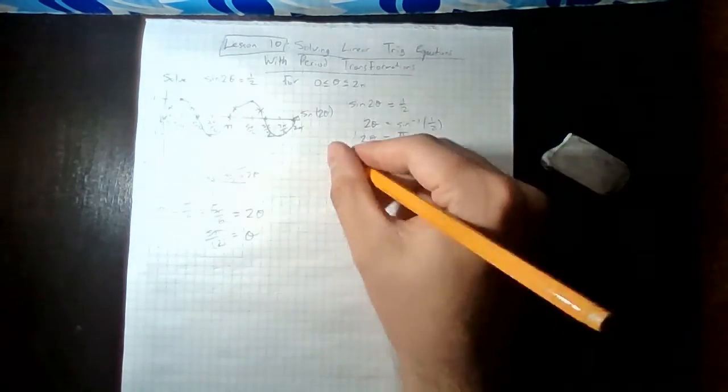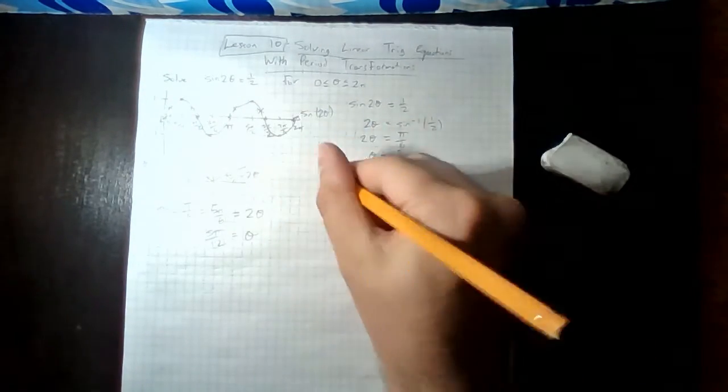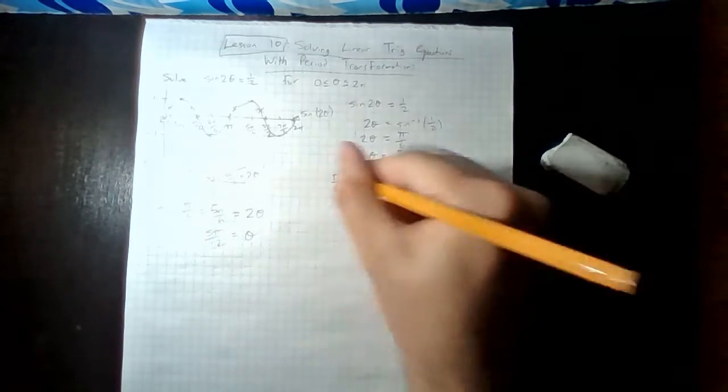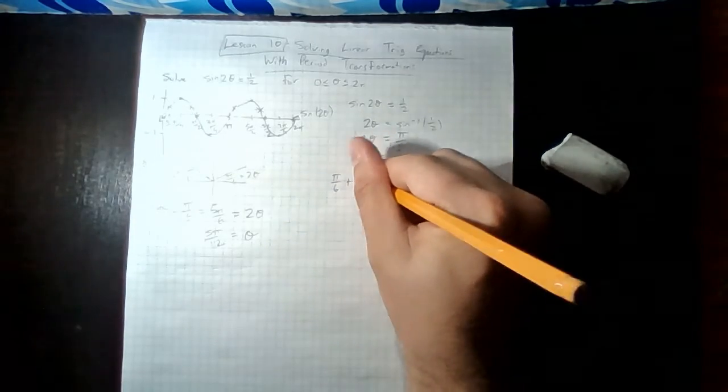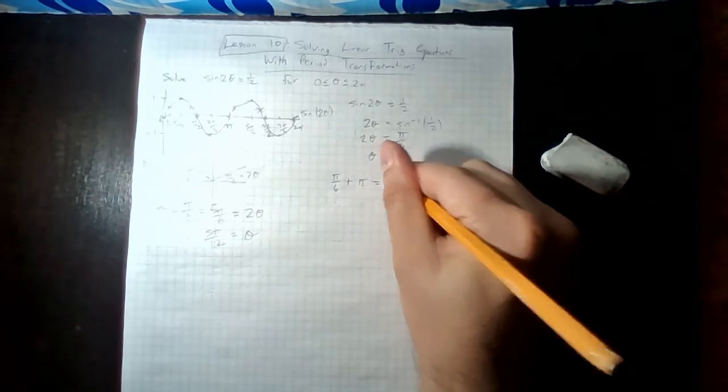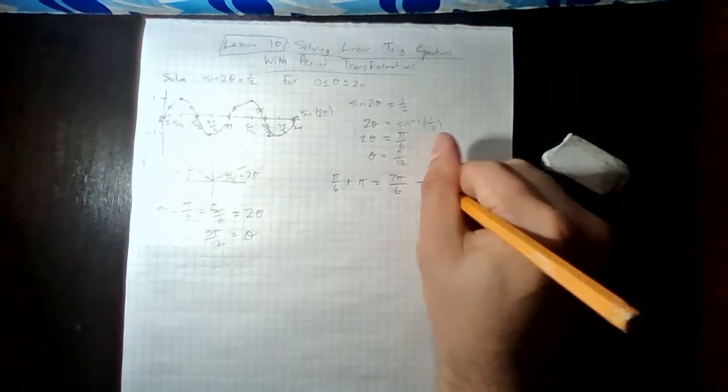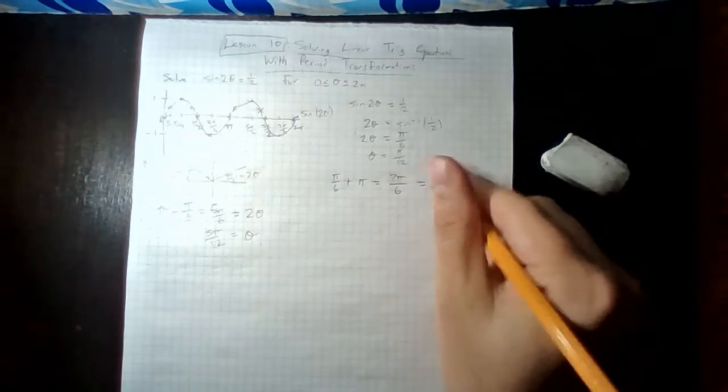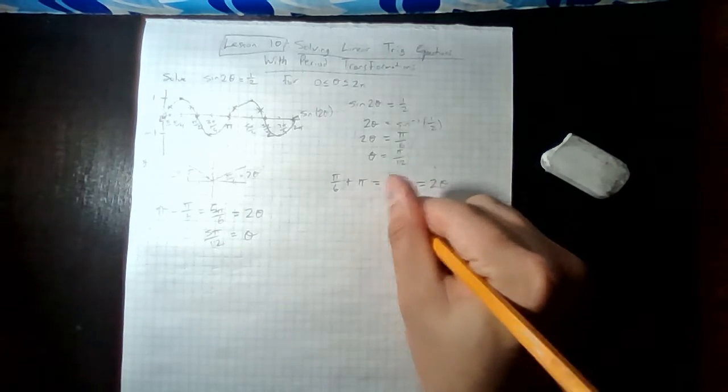The next 2 times that we can equal 1/2, we can add 1 full period to both of our previous answers. So our first one was 2 theta was pi over 6. If we add our period, which is pi, to that, we get 7 pi over 6, and that is 2 theta again. So we need to divide both sides by 2. 7 pi over 12 equals theta.